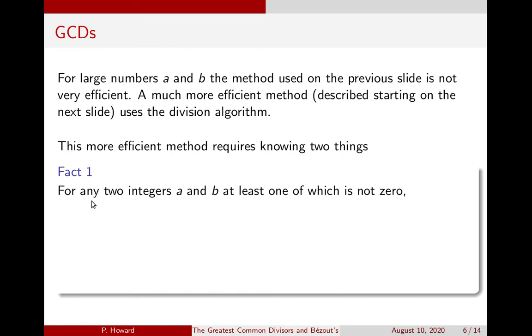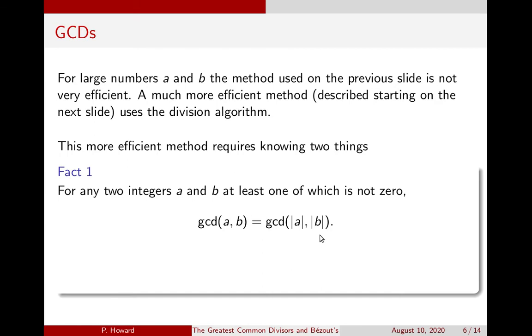First of all, what I've called fact 1. For any two integers a and b, at least one of which is not 0, the greatest common divisor of a and b is the same as the greatest common divisor of the absolute value of a and the absolute value of b.